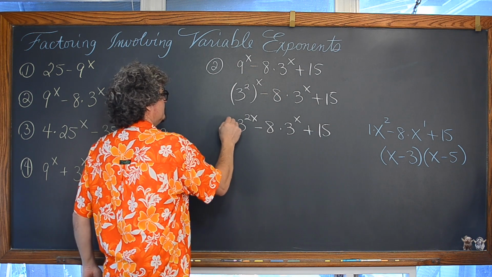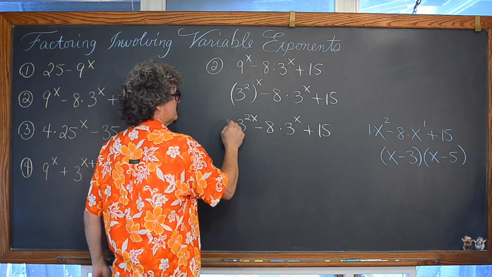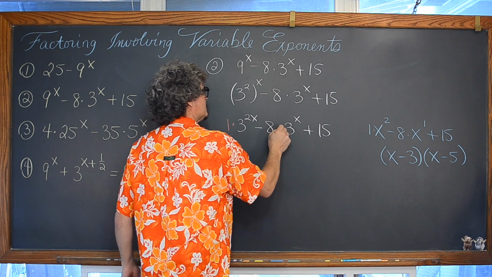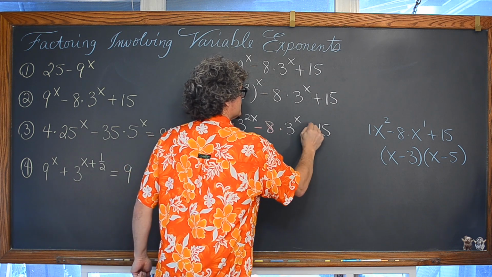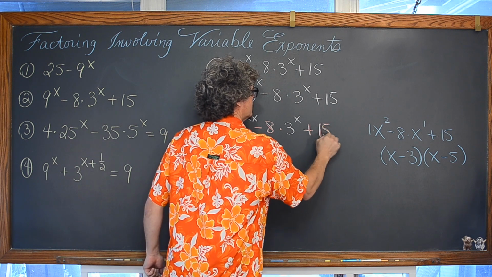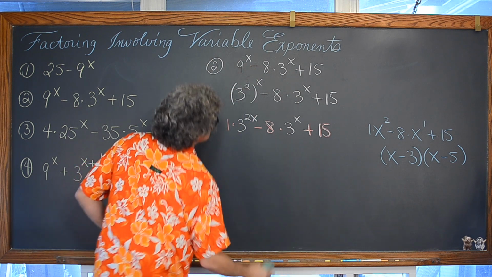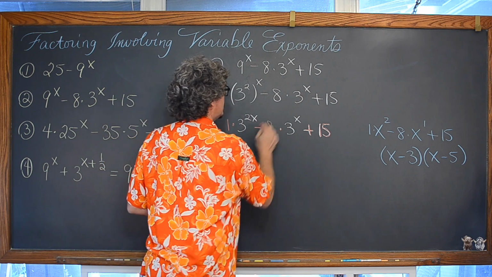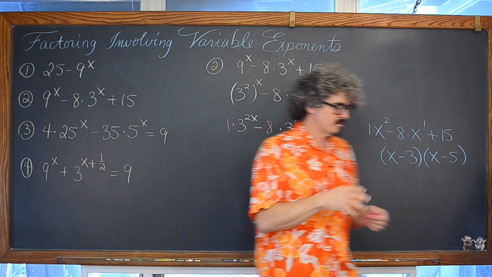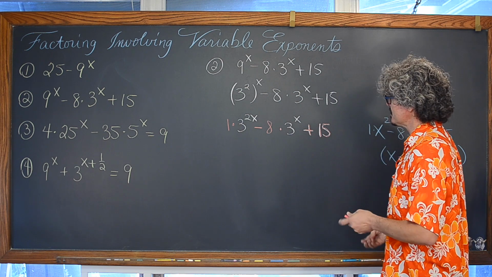Well, a is going to be 1. The coefficient of the base 3 is 1. The coefficient of this base 3 is negative 8, and then we have a coefficient of 15. So again, just trying to link this with previous knowledge and to let you see that this section here is a review of your factoring skills.